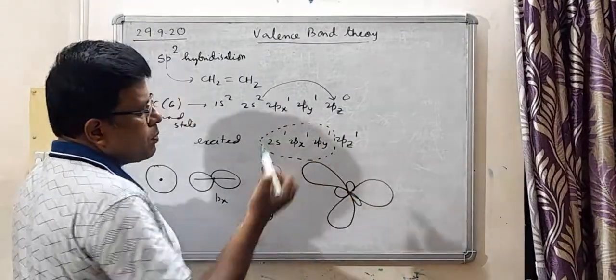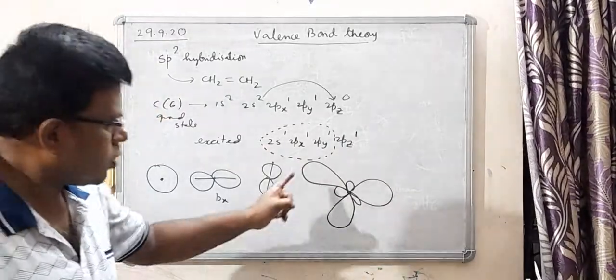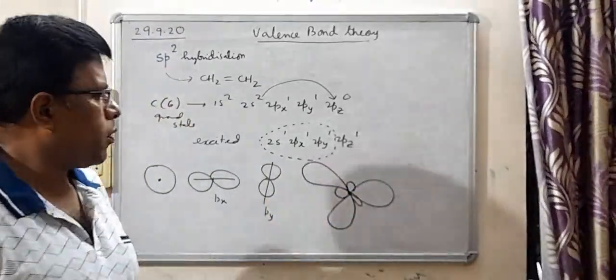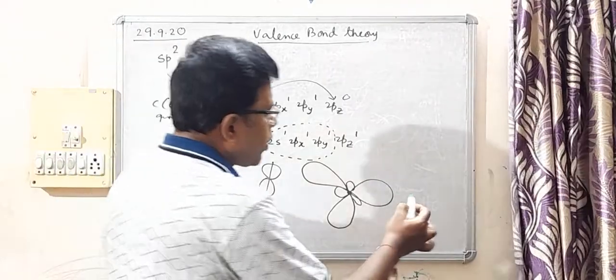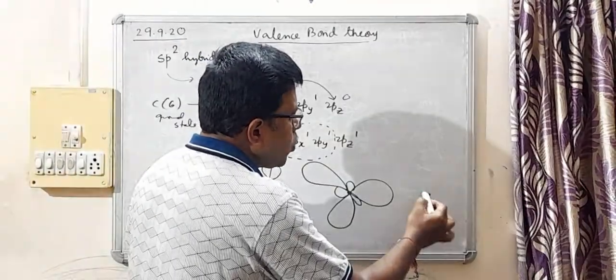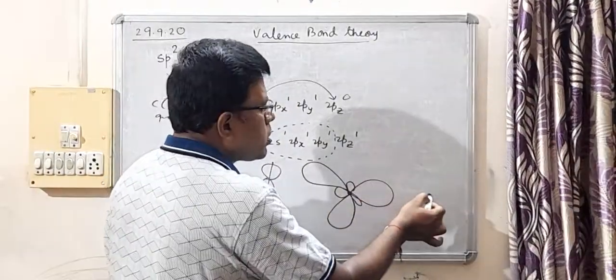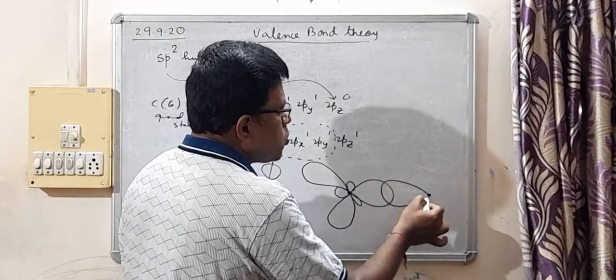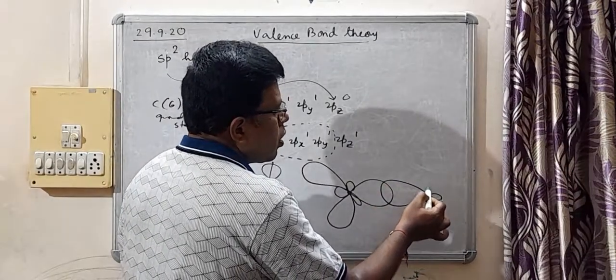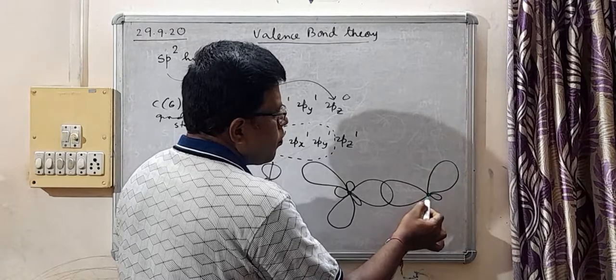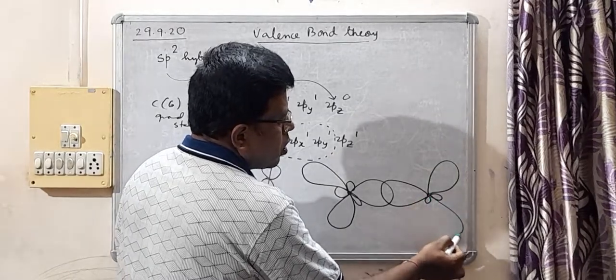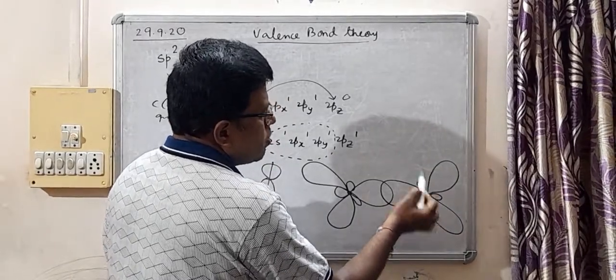This is another sp2 hybrid. So sp2, sp2, sp2. In the same way, on the other carbon atom also it is like this: sp2, sp2, sp2.